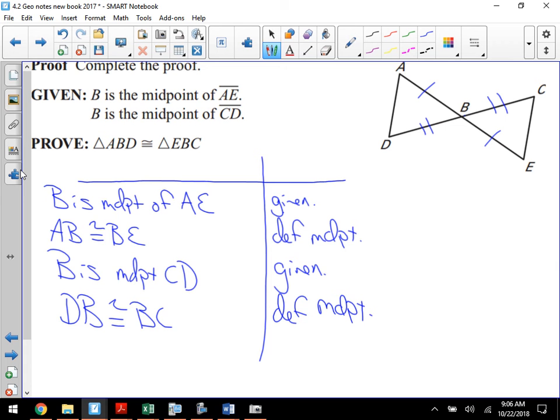But also on your progression sheet, you should have a picture that looks something like that. Do you agree that these are the same size?